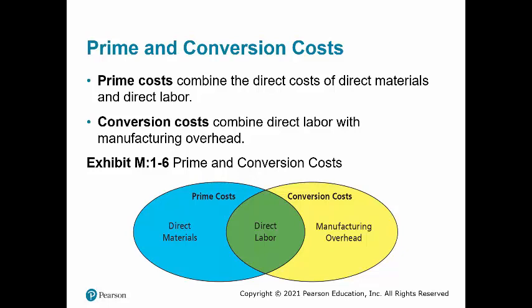Conversion costs are going to be the combination of direct labor and manufacturing overhead. So these are going to be the cost to convert those direct materials into the finished product. So in a manufacturing process that's more machine intensive, the cost of direct labor can be more minimal because the machines are doing most of the work.